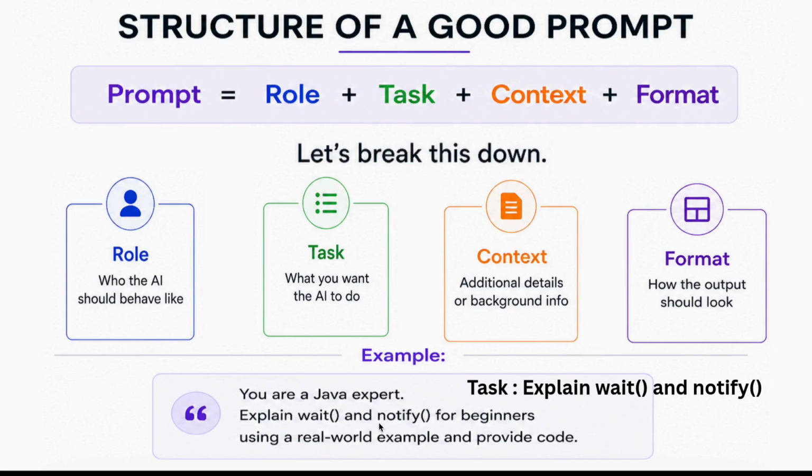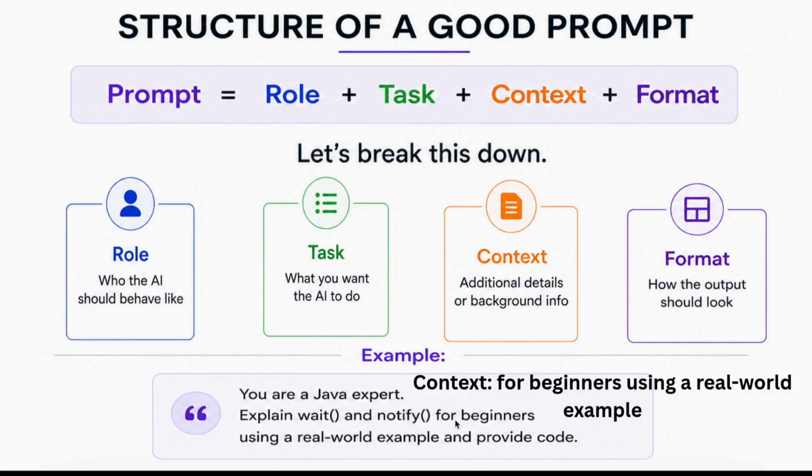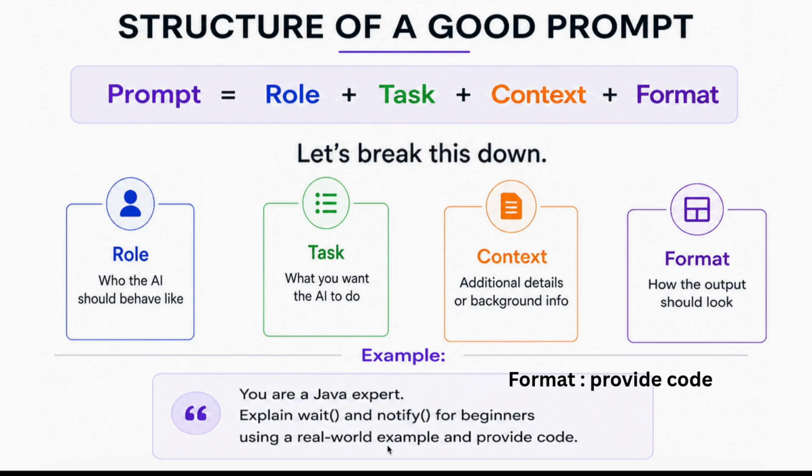And what is the context? It's for beginners using real world example. And what format you are expecting? You are expecting provide a code. So you are saying provide me a code. Now you can see this is not just a sentence, it's a structured instruction.